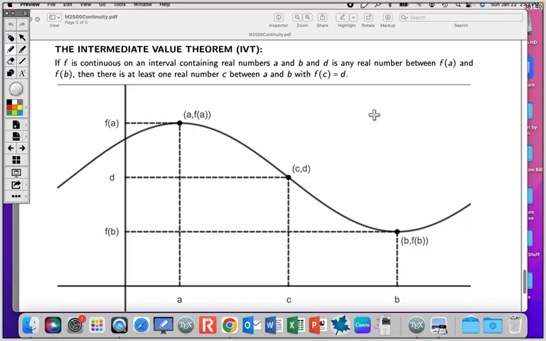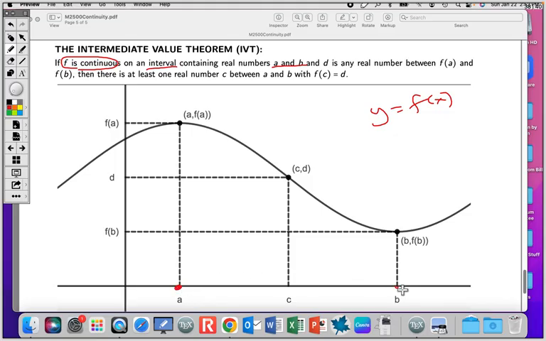Once again, every big result in this course, you've got the words, but you also have a nice picture. So first off, we're going to assume f is a continuous function on an interval containing real numbers a and b. So here we've got the graph of f. It contains numbers a and b.